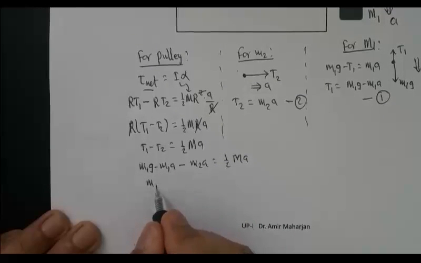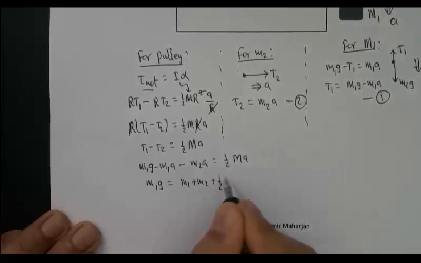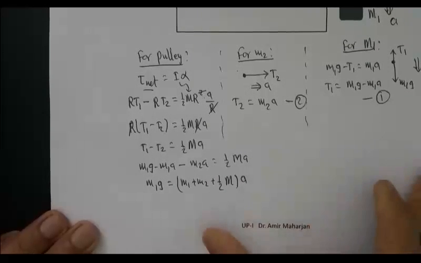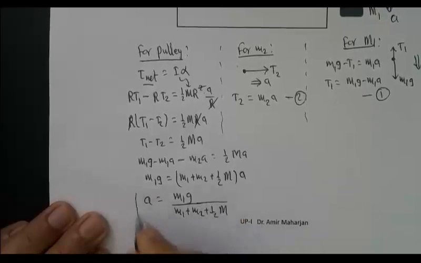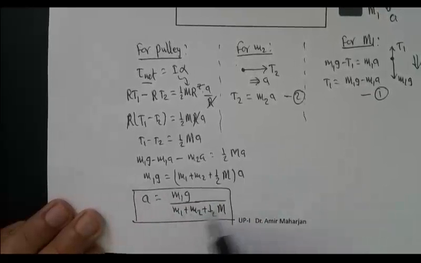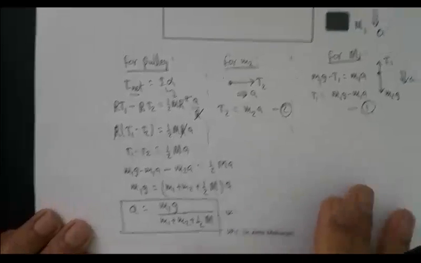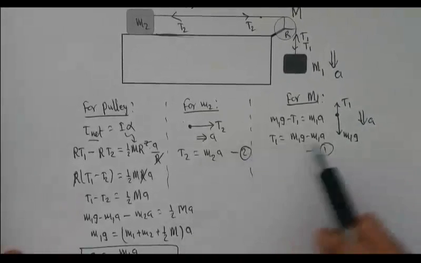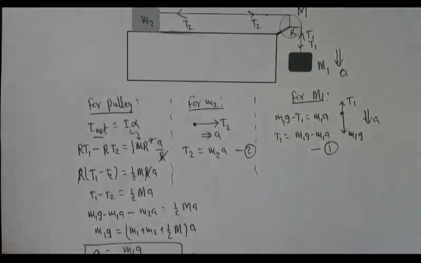So M1g is M1 plus M2 plus 1/2 M, times a. So the acceleration of the system is M1g divided by M1 plus M2 plus 1/2 M. That's the formula for the acceleration of the system, right? If the masses are given, you can plug the numbers in and find the acceleration. Once you find the acceleration, you can find the tensions from these equations, if numerical values are given.